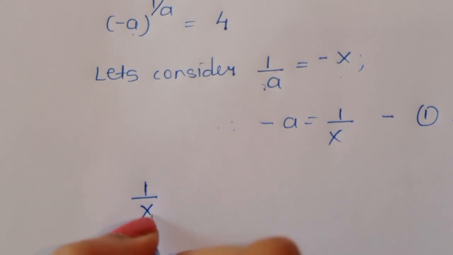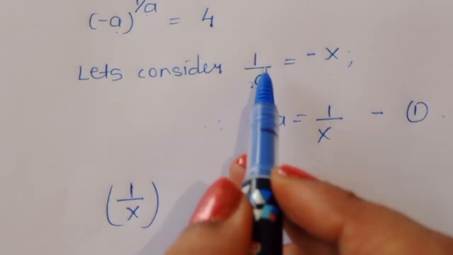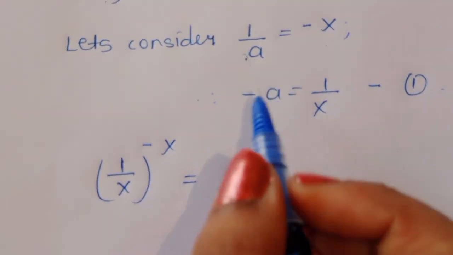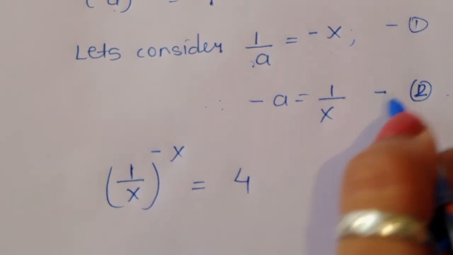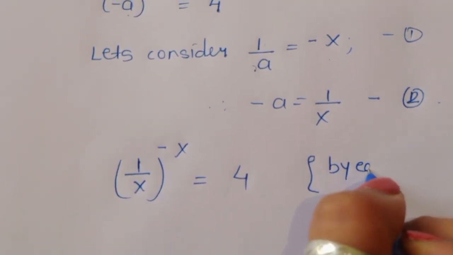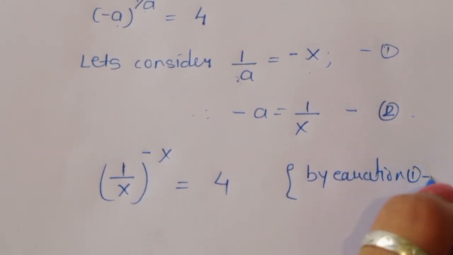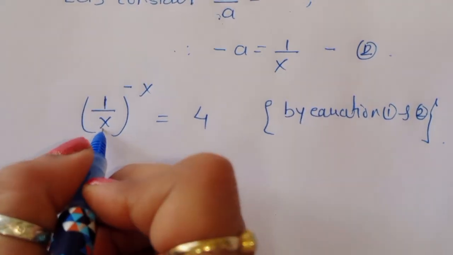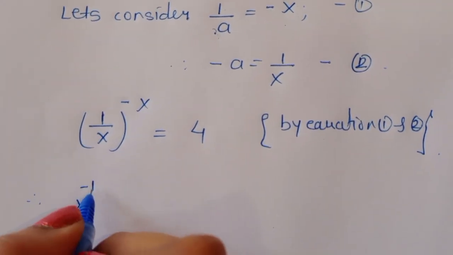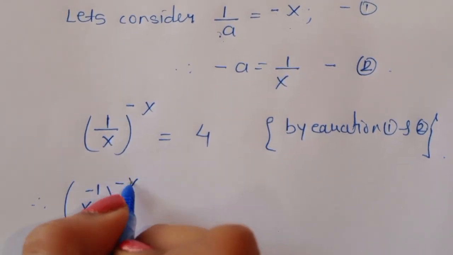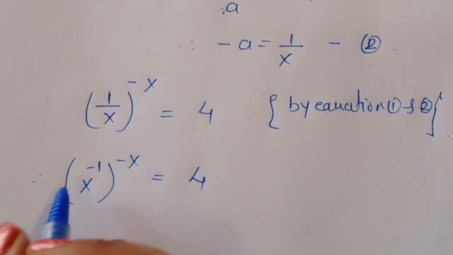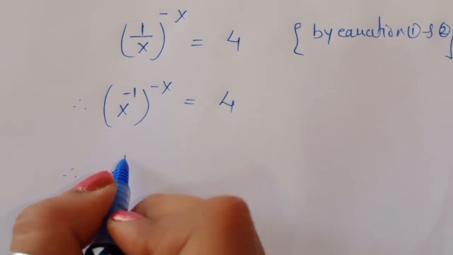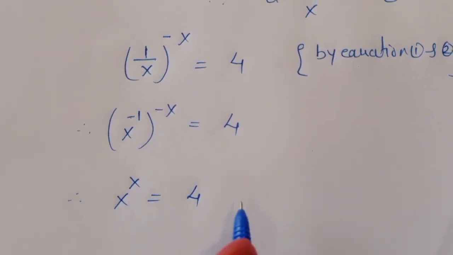Now we can write (-a)^(1/a) = 4 as (1/x)^(1/a), and 1/a is -x. So (1/x)^(-x) = 4. This is equation 1 and this is equation 2. So by equation 1 and 2, we can write x^(-1) to the power -x is equal to 4.